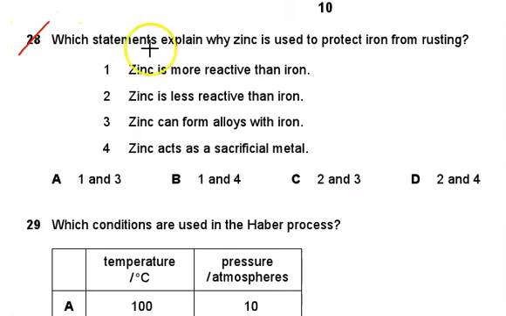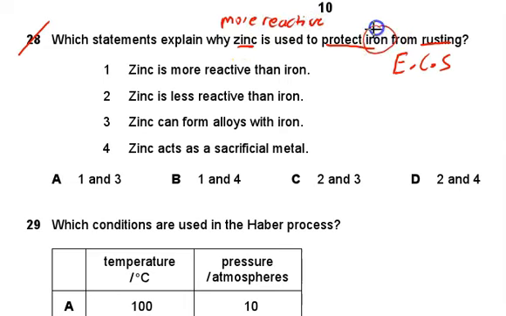Okay, number 28, which statement explains why zinc is used to protect iron from rusting? So if you look at the electrochemical series, the zinc is on top, right? So zinc is more reactive compared to the iron.